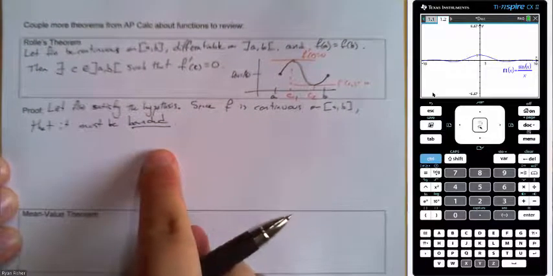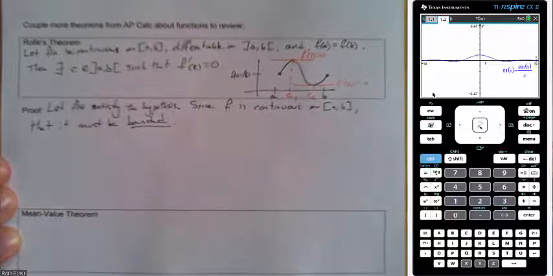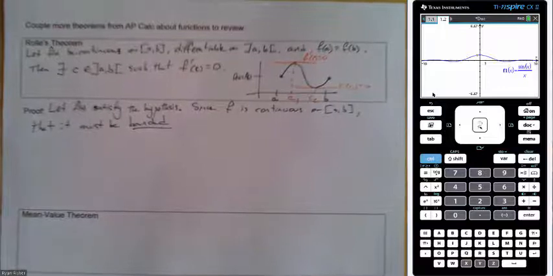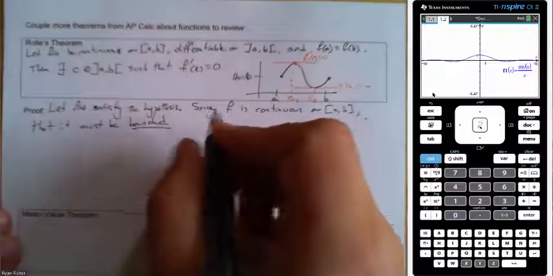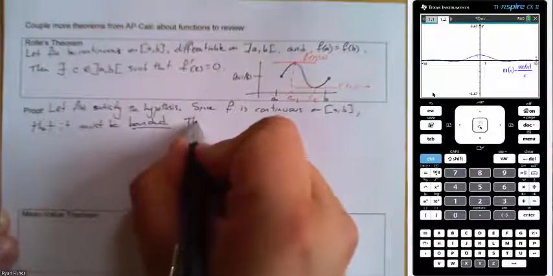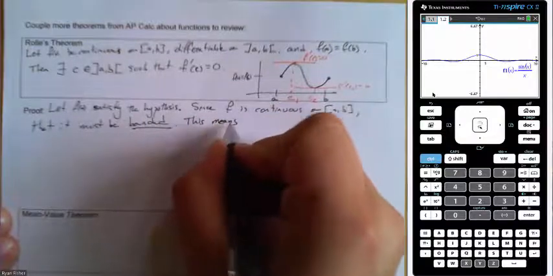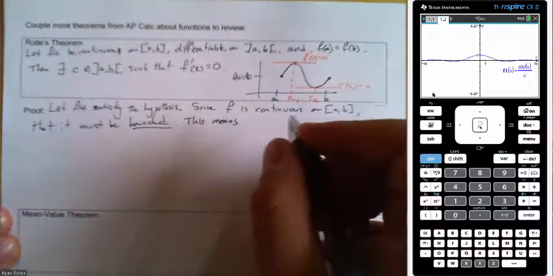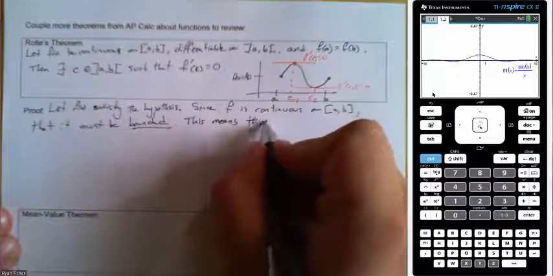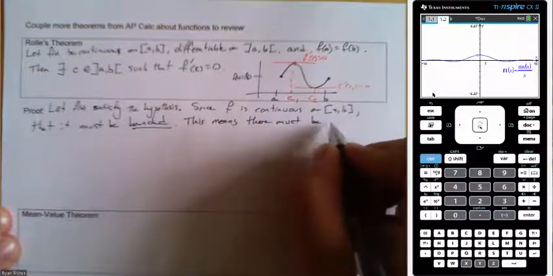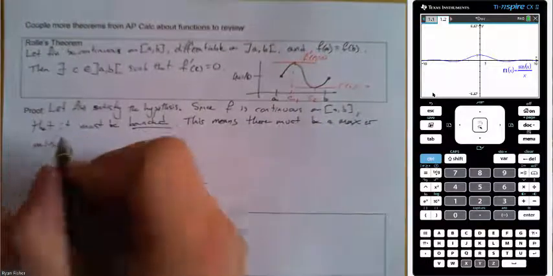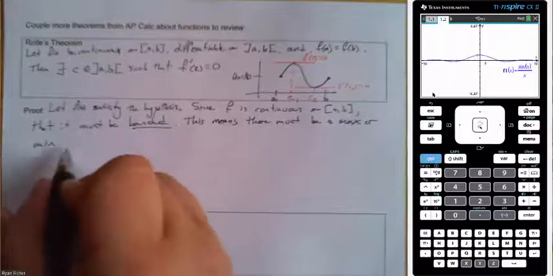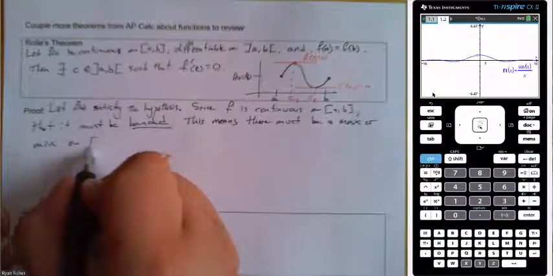What does bounded mean? Bounded means that there's got to be some biggest or smallest value that this function ever achieves. It's stuck between, at minimum, two numbers. This means that there must be either a max or a min, or maybe both, somewhere on the closed interval.